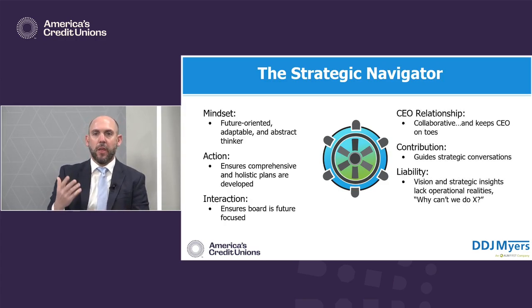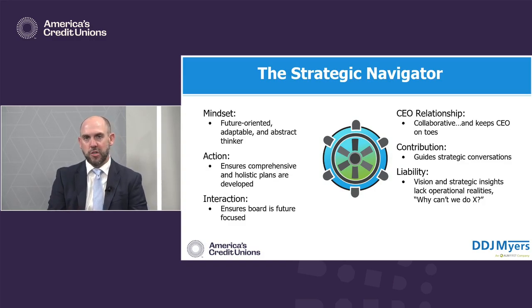So the relationship, collaborative, and boy, do they keep the CEO on their toes. This helps CEOs get better. CEOs that have a strategic navigator as their board chair, they come prepared, they think broadly, they think abstractly, and that helps them become a better leader. So the contribution to the board is they will guide the strategic conversations.